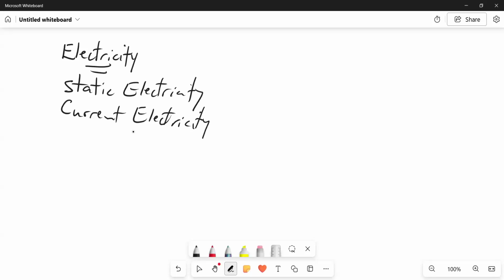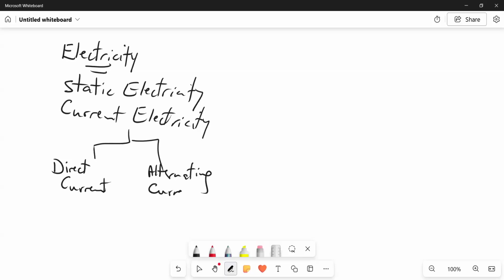Under current electricity, we're going to look at direct current, and then alternating current, right? I'm not sure if we can cover all of this.